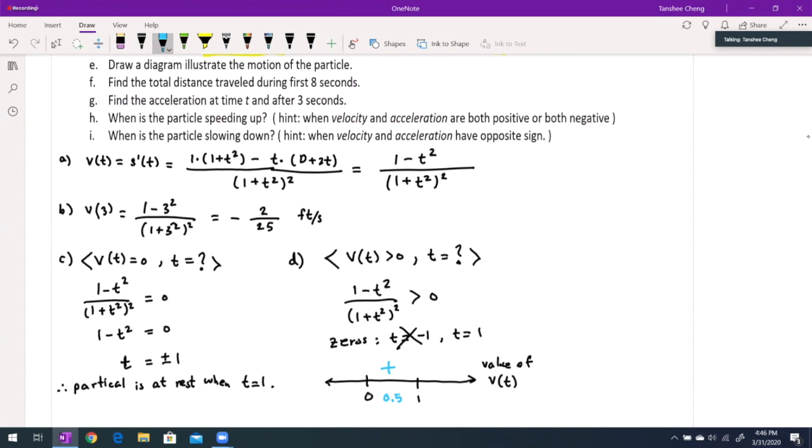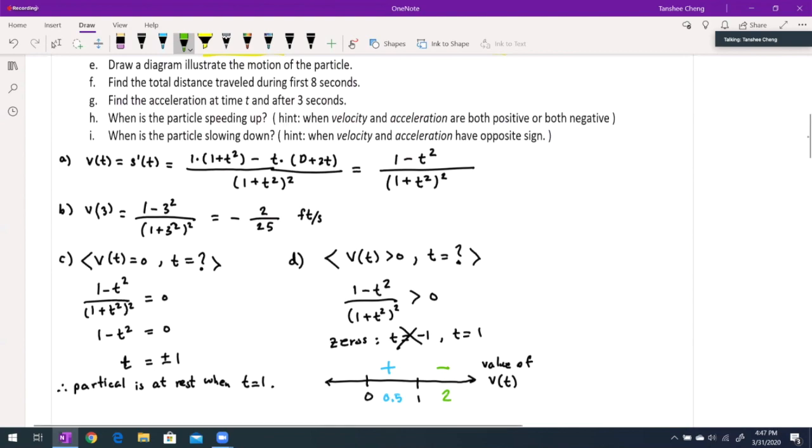When I plug in 2 in interval number 2, the top part gives a negative value and the bottom part is positive, so it will be a negative value. So we found that the function value of the velocity function is positive between 0 and 1. In terms of interpretation, that tells me the particle is moving forward within this time interval.